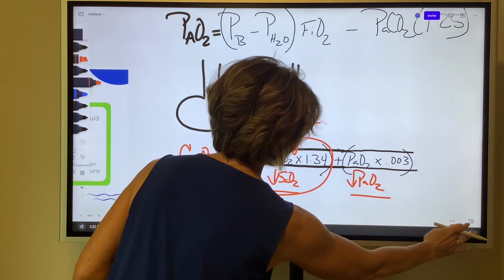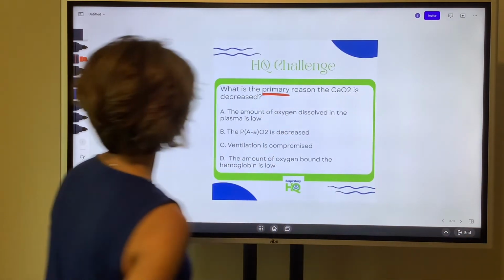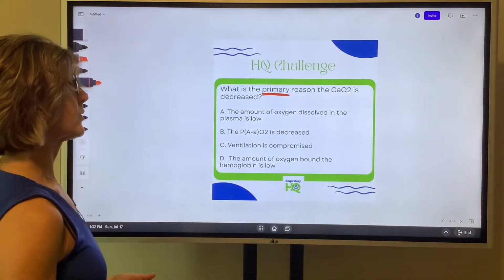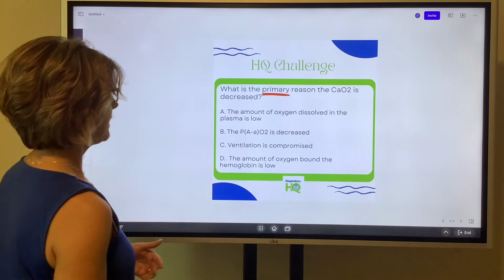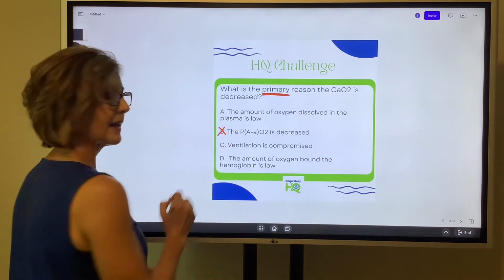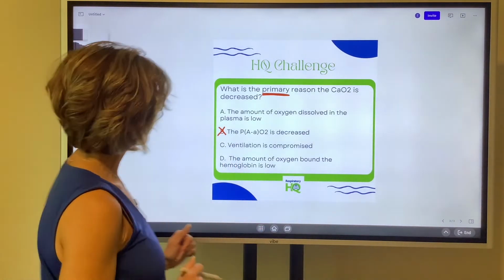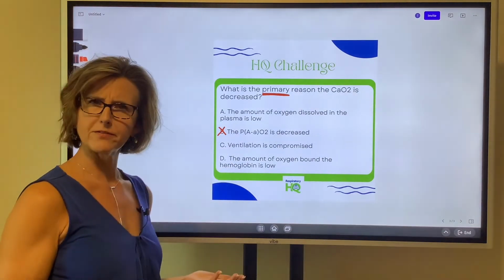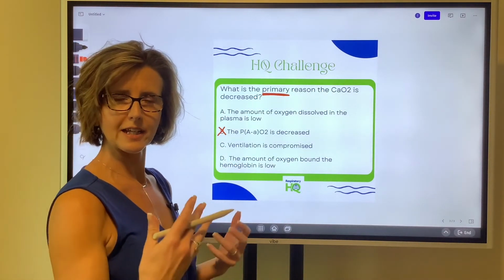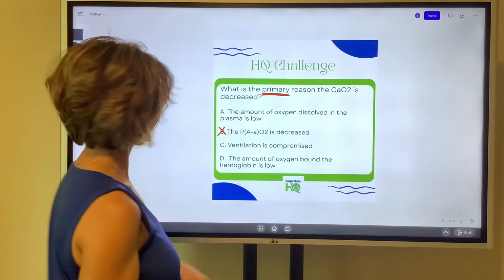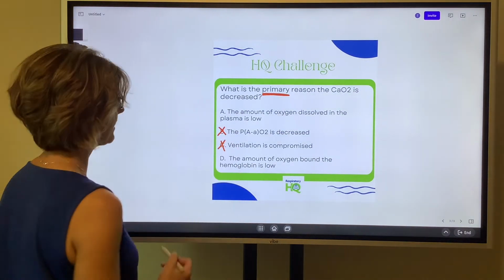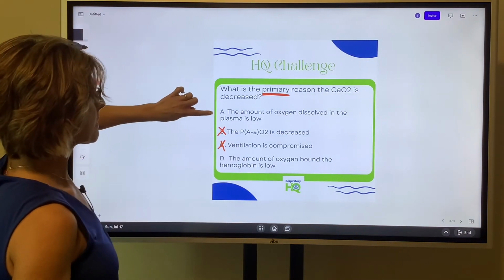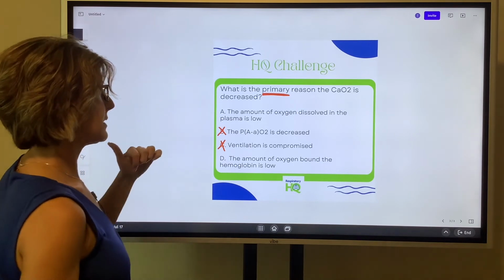So now, knowing that, what is the primary reason the CaO2 is low? Well, it's not anything to do with the A-a difference. We're not talking about that. We're not talking about ventilation, because ventilation has to do with CO2 removal and pH. So now it leaves us with the amount of oxygen dissolved in the plasma is low.